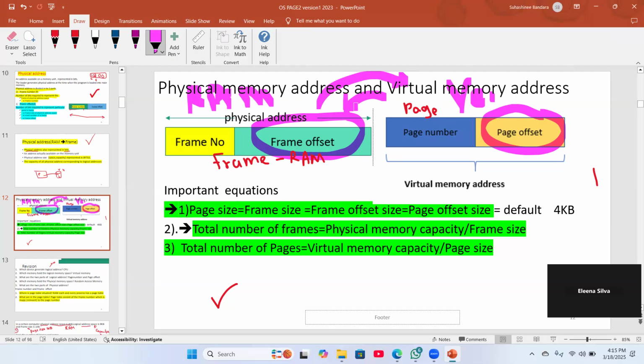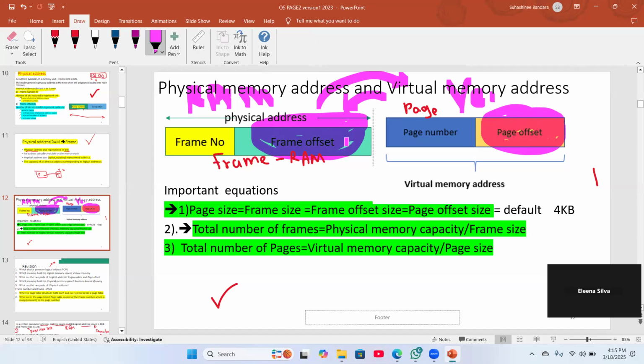In such a situation, the paging file is going to be held, that means stored, in this frame offset. Then the same paging file is going to move to the page offset. Therefore, frame offset is equal to page offset.